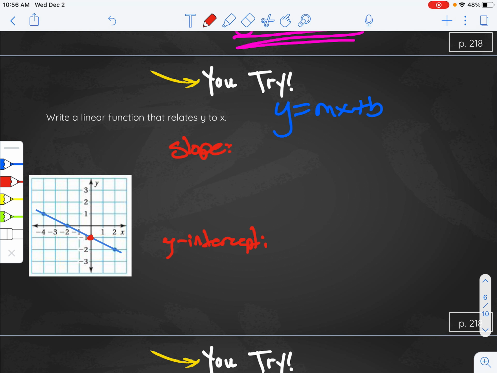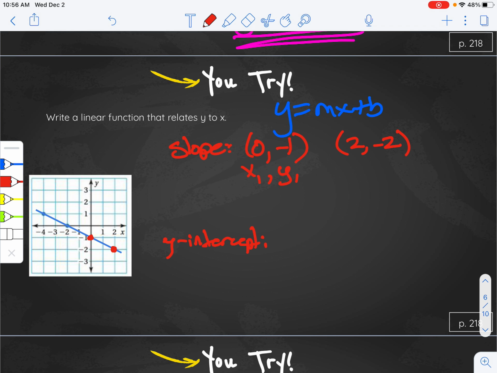So any 2 points. If you didn't take the same 2 points as me, we still will get the same answer if we do it correctly. So if we take 0, -1 as one of our points, and then let's just take 2, -2 as my other point. So my points are 0, -1, and then my other one is 2, -2.